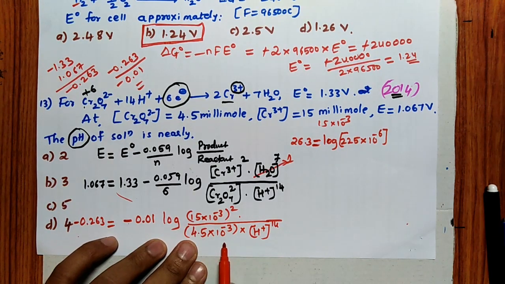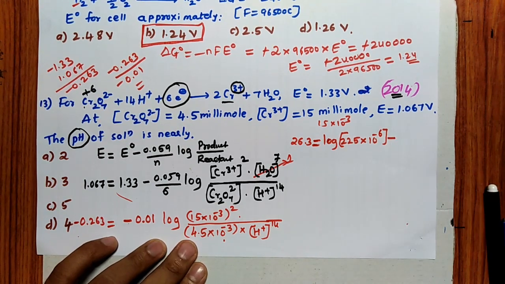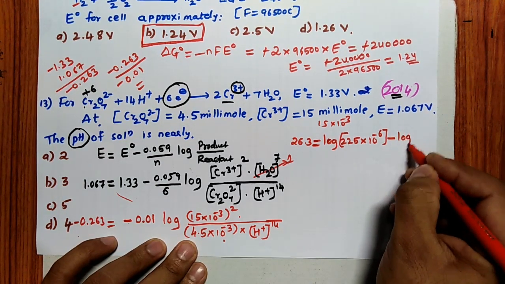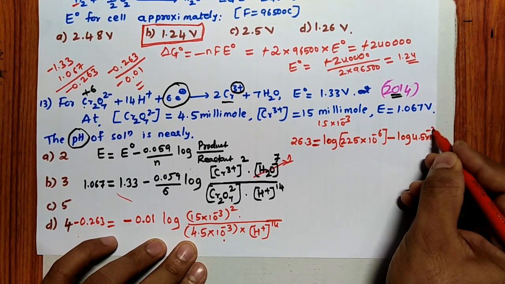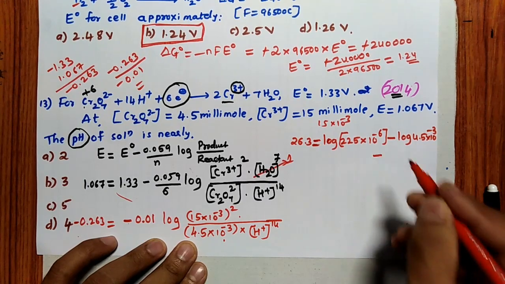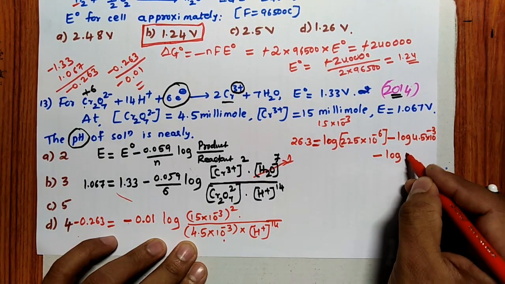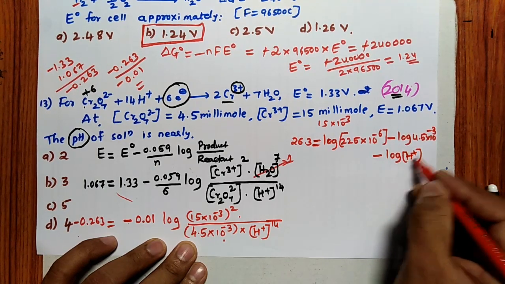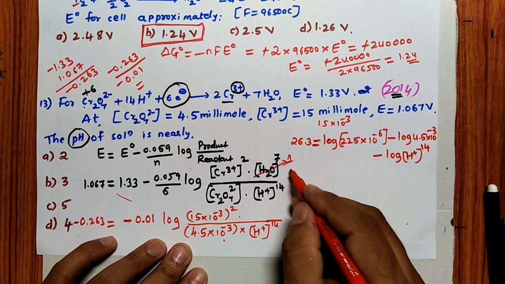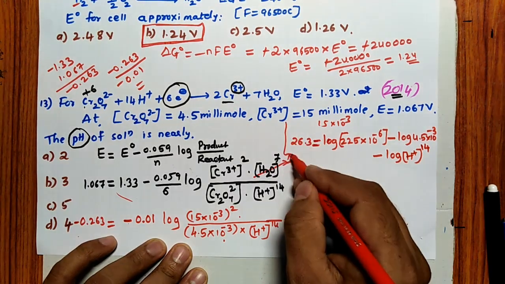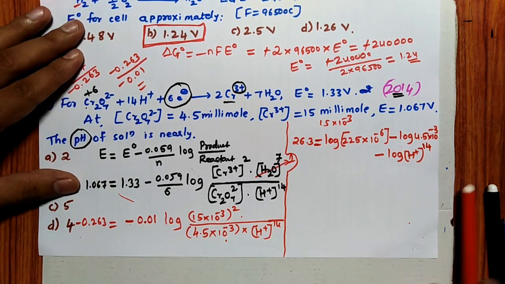This is log of A by B. A by B is nothing but log A minus log B. So I will write minus log of 4.5 into 10 to the power minus 3 minus log of H plus to the power 14. So now I will solve it here. Simplification is needed. Now I will write once again.